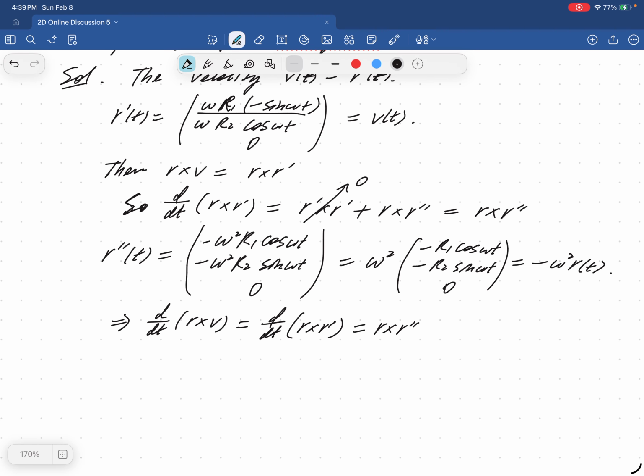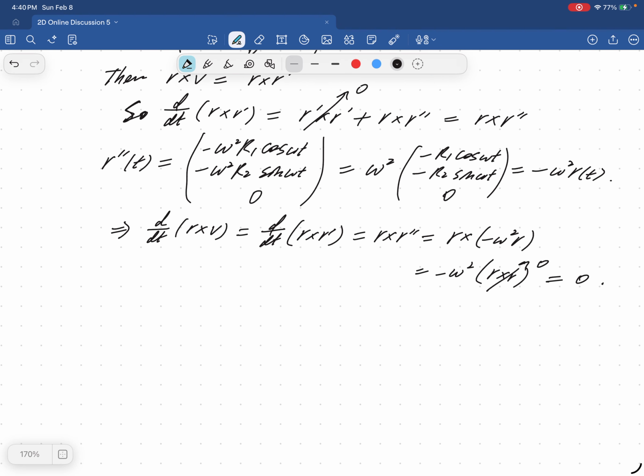But r double prime is negative omega squared r(t), so this is r cross negative omega squared r(t), and we can pull the negative omega squared out, so this is negative omega squared times r cross r. But again, r cross r is 0. And so this is 0. So the rate of change of my angular momentum is 0.